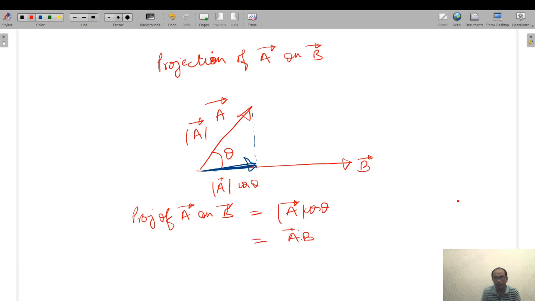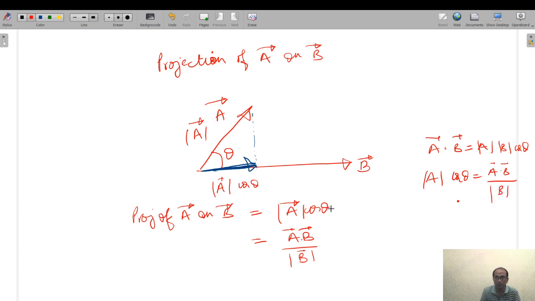A dot b upon mod b, है ना, क्योंकि see you know what, a dot b is equal to mod a mod b cos theta. So you have to find mod a cos theta. So mod a cos theta can be given as a dot b upon this magnitude, right? So this projection of a on b is given by this expression.